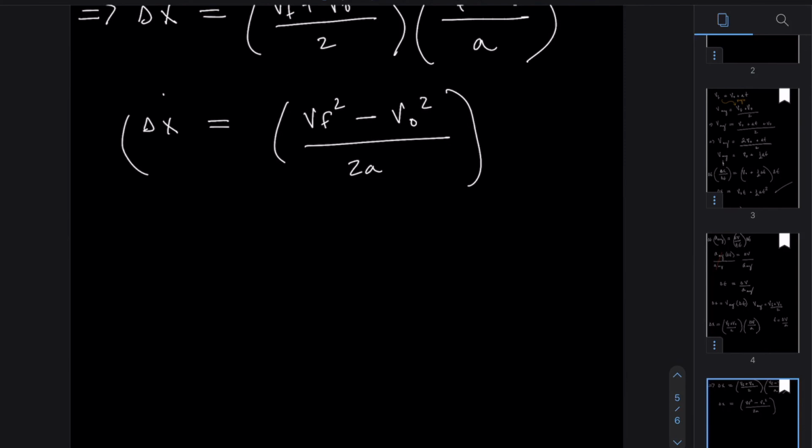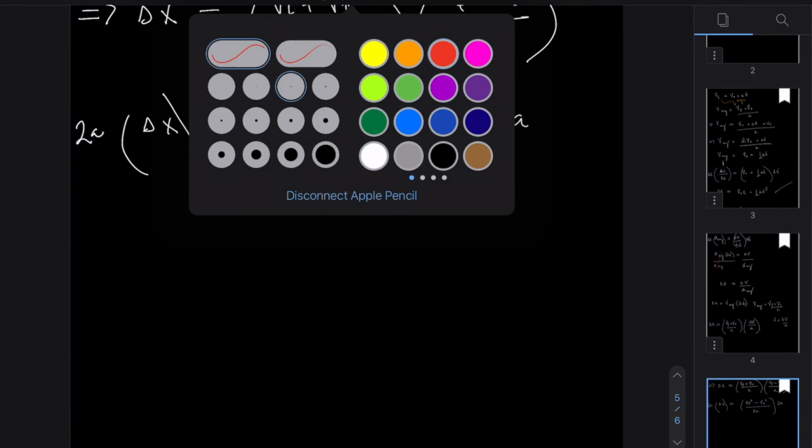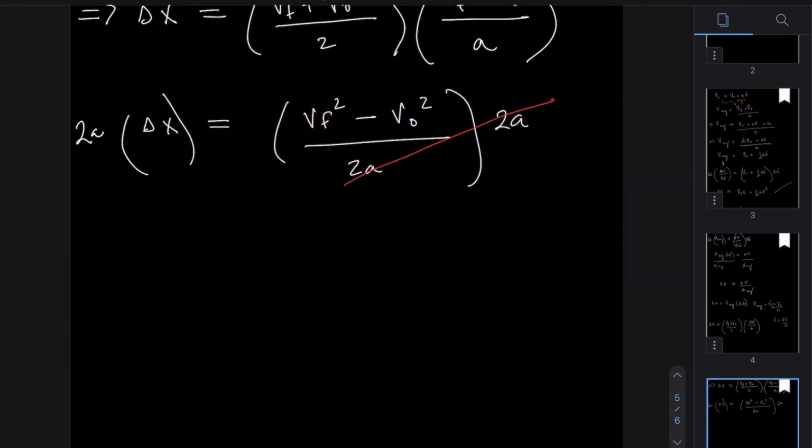We're going to multiply both sides by 2a. Now it should start to look pretty familiar. So again, these cancel out, and we get 2a delta x is equal to v final squared minus v initial squared.